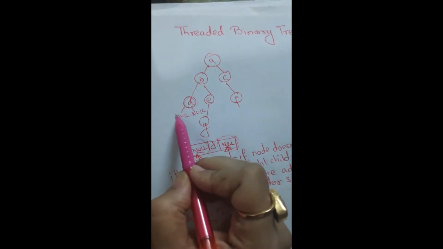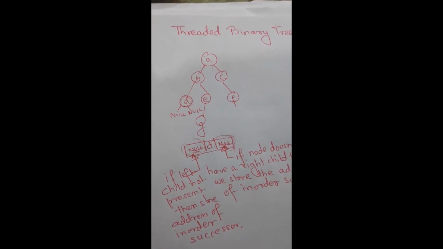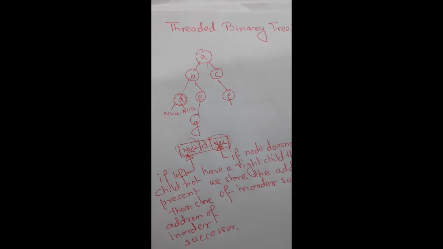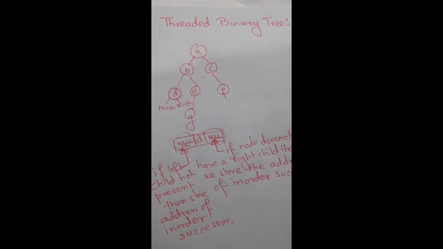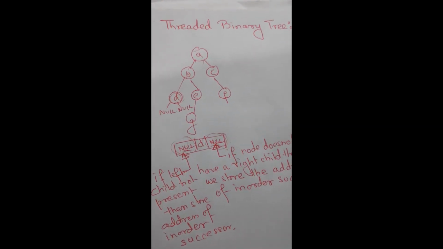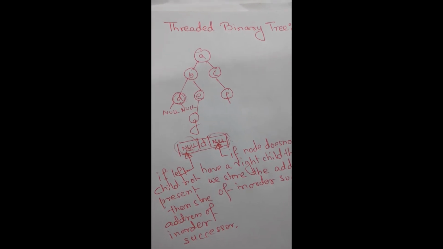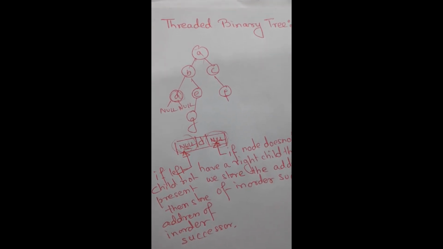So if the child links of any node are null, then instead of storing null in those spaces, we would store the address of the in order successor if it is a right child, and we will store the in order predecessor if it is a left child, correct?